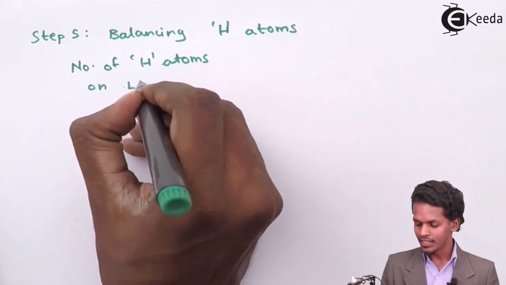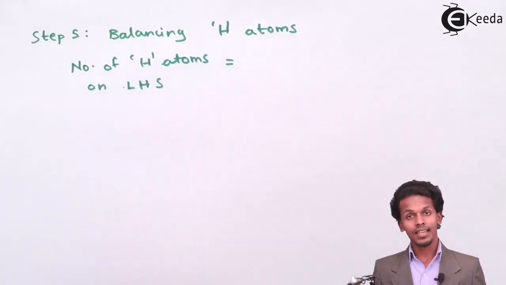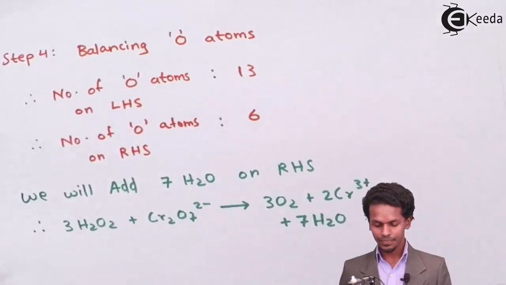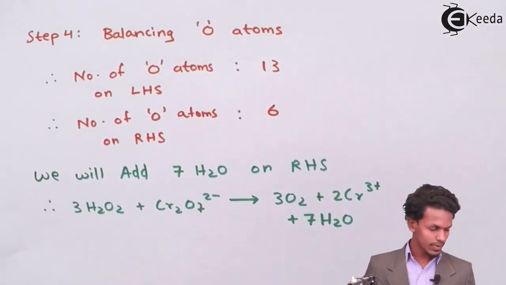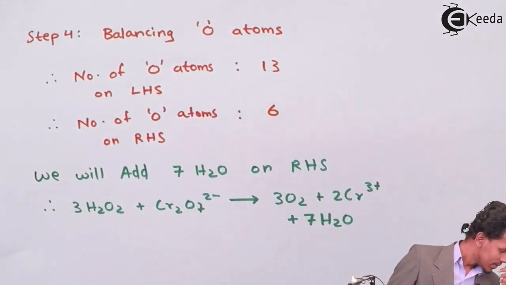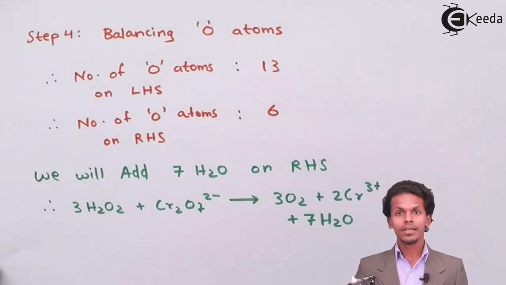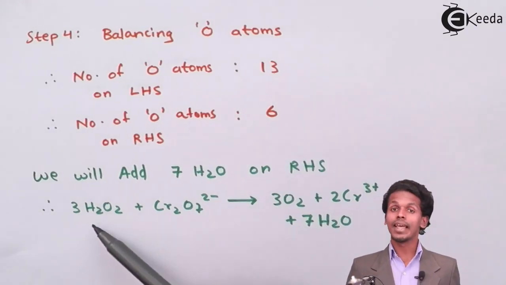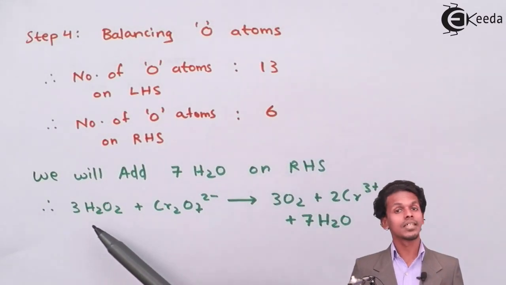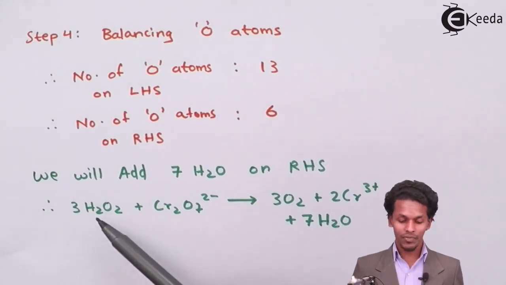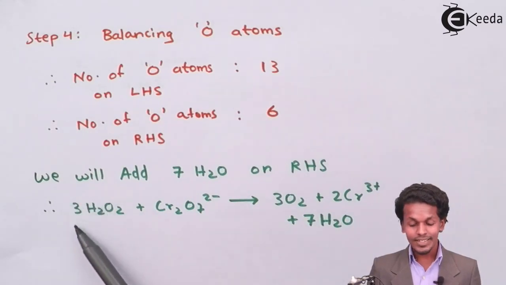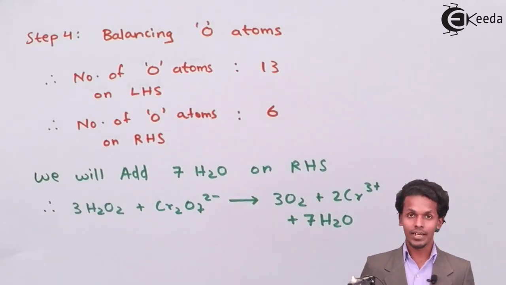So the number of hydrogen atoms on LHS, or left hand side, let us calculate. For H2O2 there are 2 hydrogen atoms, but for 3 moles of H2O2 there will be 6 hydrogen atoms.